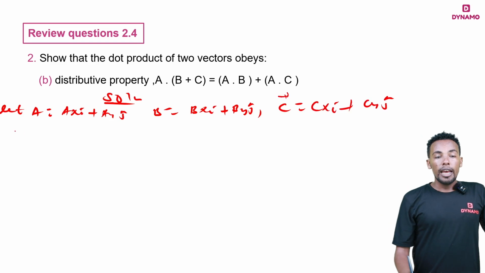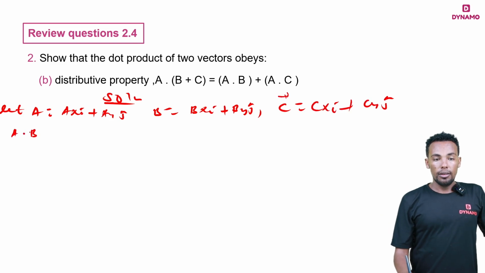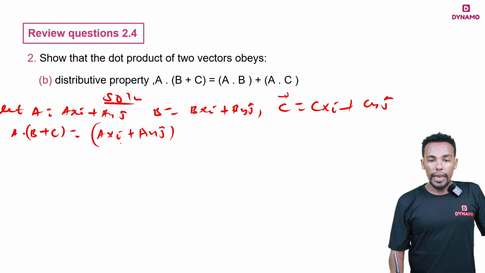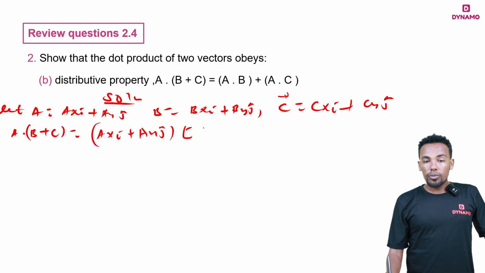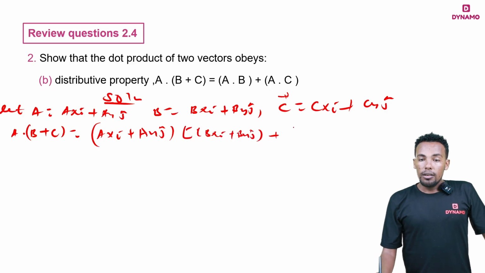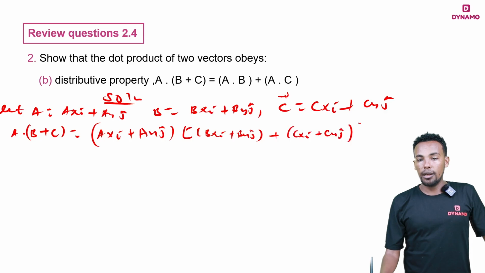A dot B plus C gaafa goonu maal ta'a? AXI plus AYJ into BXI plus BYJ plus CXI plus CYJ.